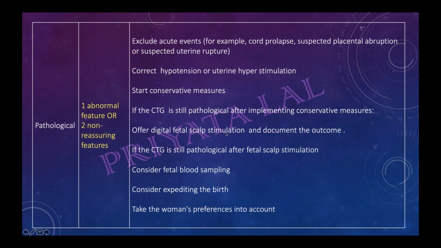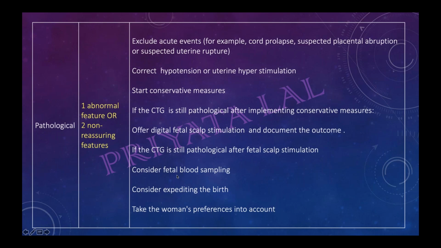If you find an acceleration with fetal scalp stimulation, that will be a good reassuring feature. But if after fetal scalp stimulation it is still pathological, then you have to consider fetal blood sampling.